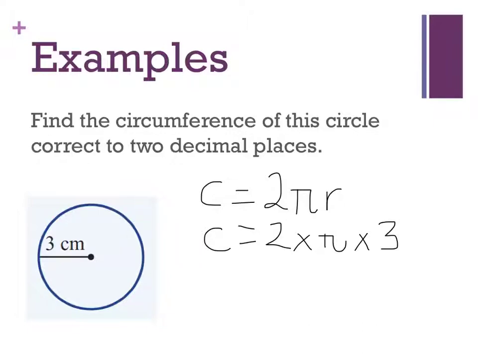So I can write that as 6 pi, or 6 times pi. How I've done that, guys, is just 2 times 3. 6 times pi, sorry, I keep drawing my pi's a little bit weird.